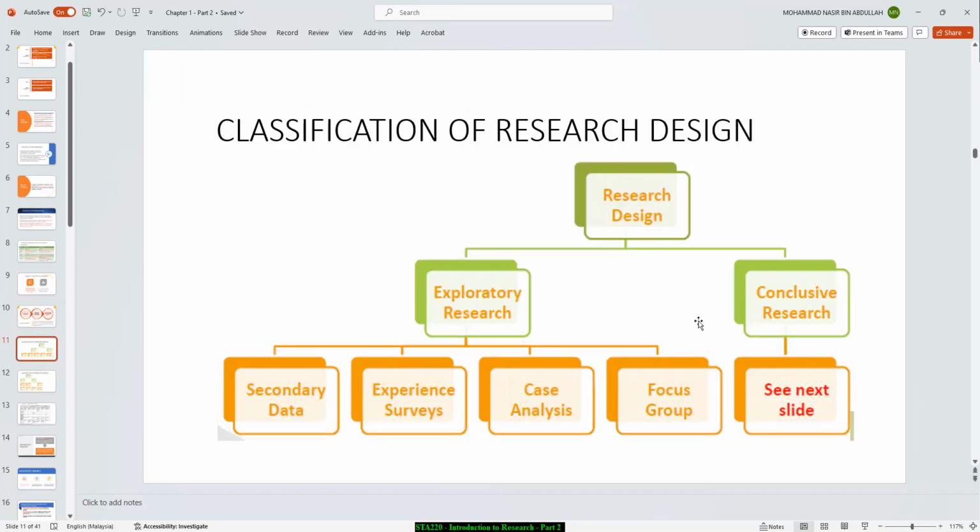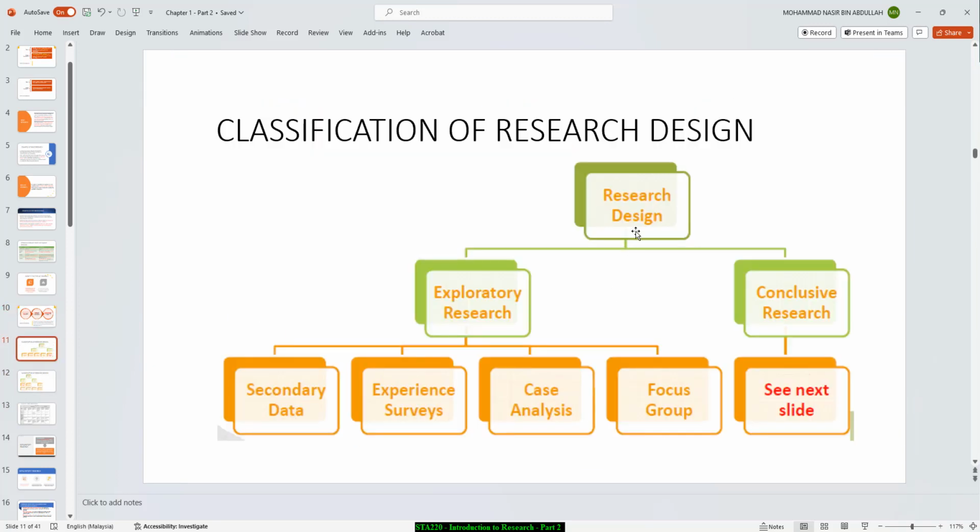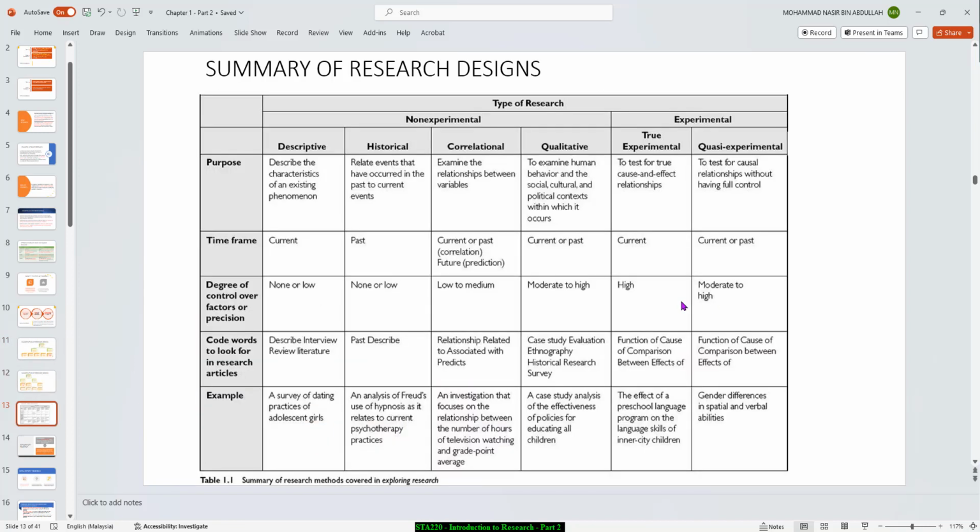So now the classification of research design. Some books will say that there are two types of research design, exploratory and conclusive research design, right? Some will say that we have 4 categories of quantitative research design, right? We have descriptive, correlational, true experimental and quasi-experimental, right?